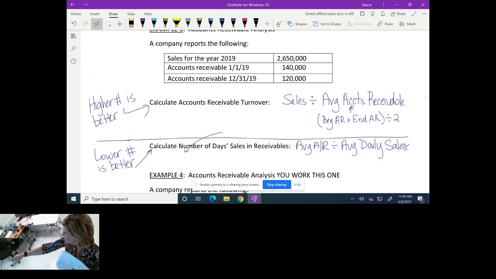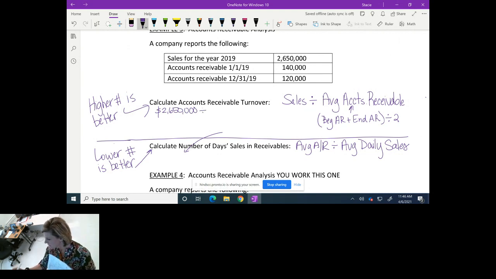So that's our formula: sales divided by average accounts receivable. We're going to add these 2 and divide them by 2 to get that number. So you're going to take 2,650,000 and divide that by, I'm going to show it this way just in case there's confusion.